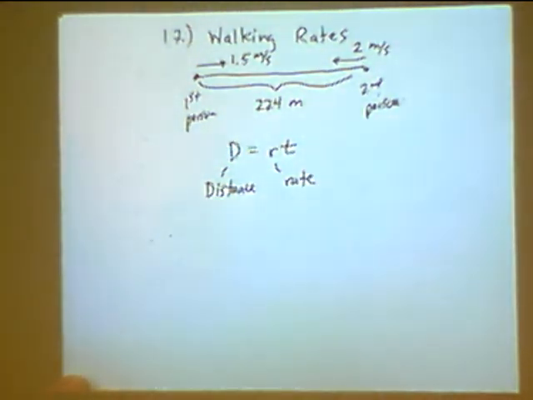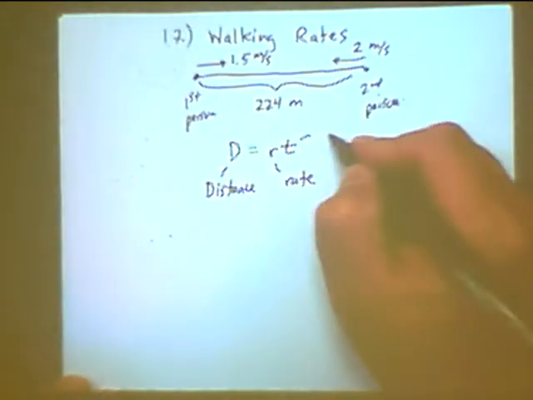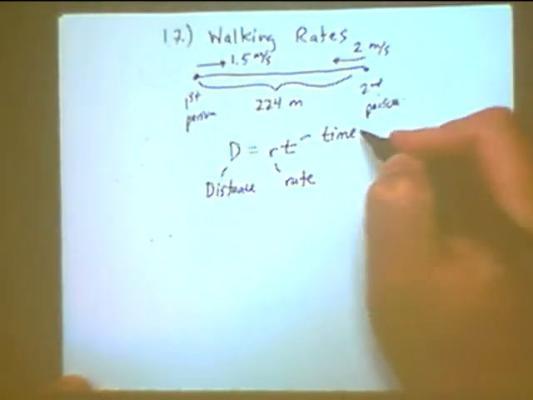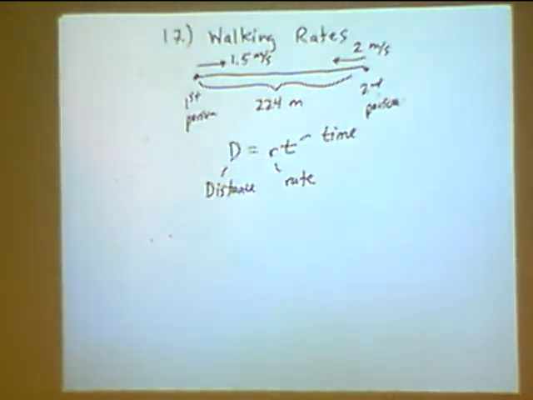Also, rate is the same as speed, so the rate or the speed you travel, and then the amount of time you're traveling. So all these kinds of story problems that I call travel problems are always going to be using this equation, distance equals rate times time.